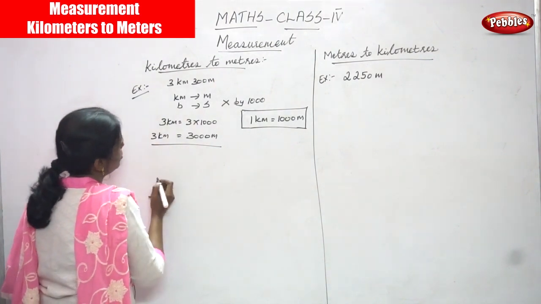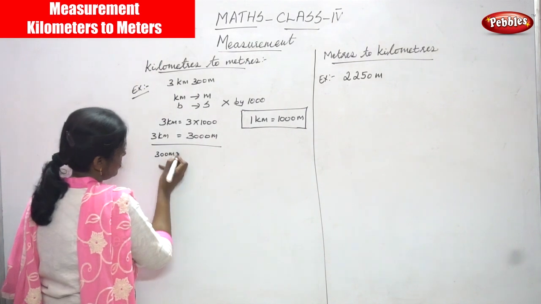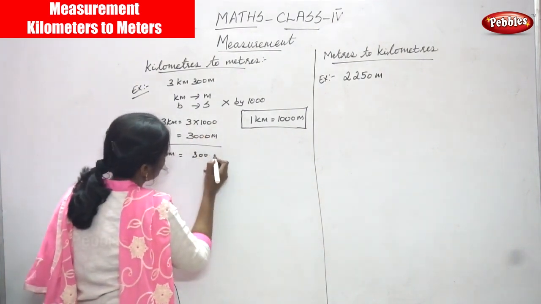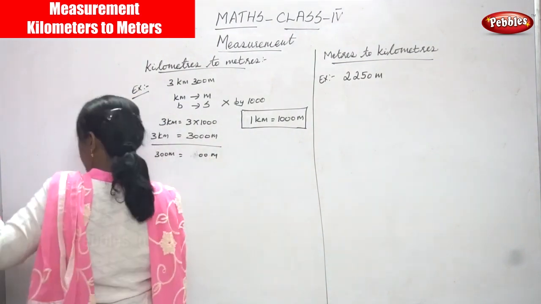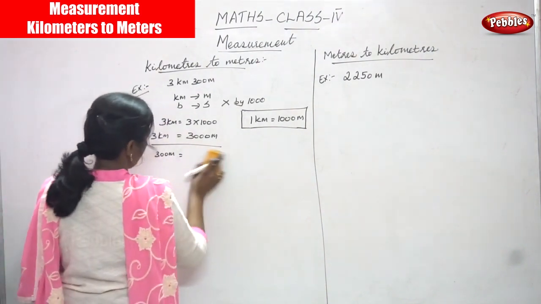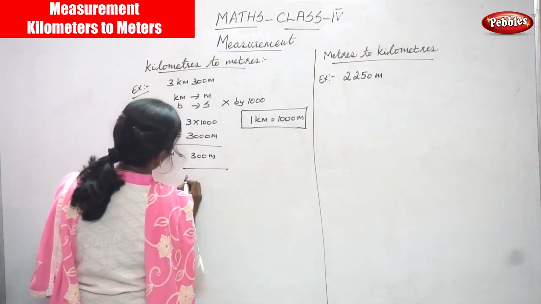Then you have to add the 300 meter also with this. The 300 meter is already given, so you have to write 300 meter. Meter is already given, so you have to add both.